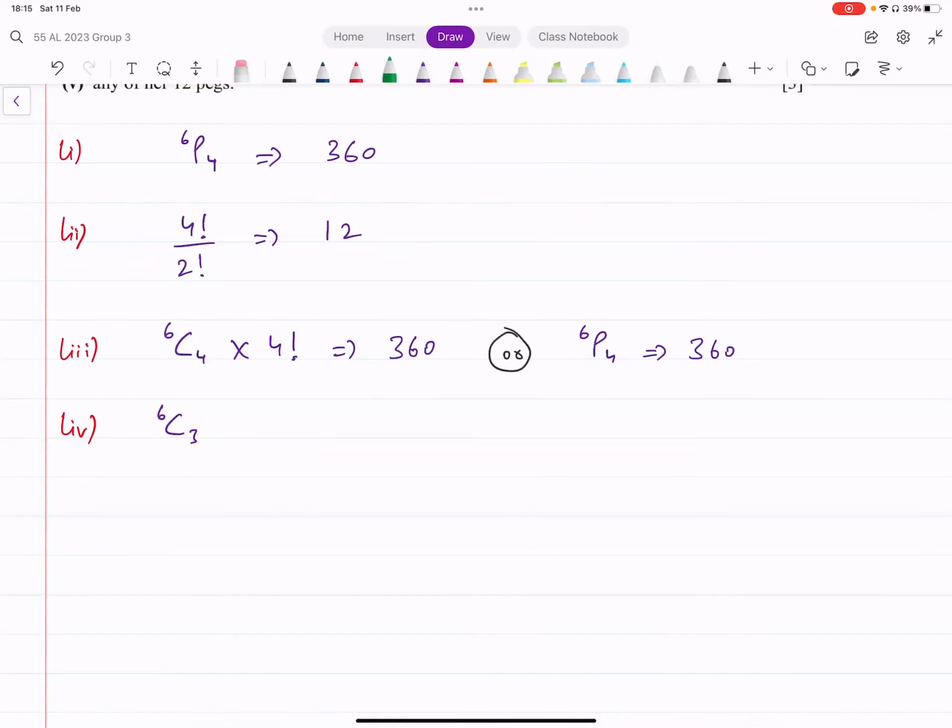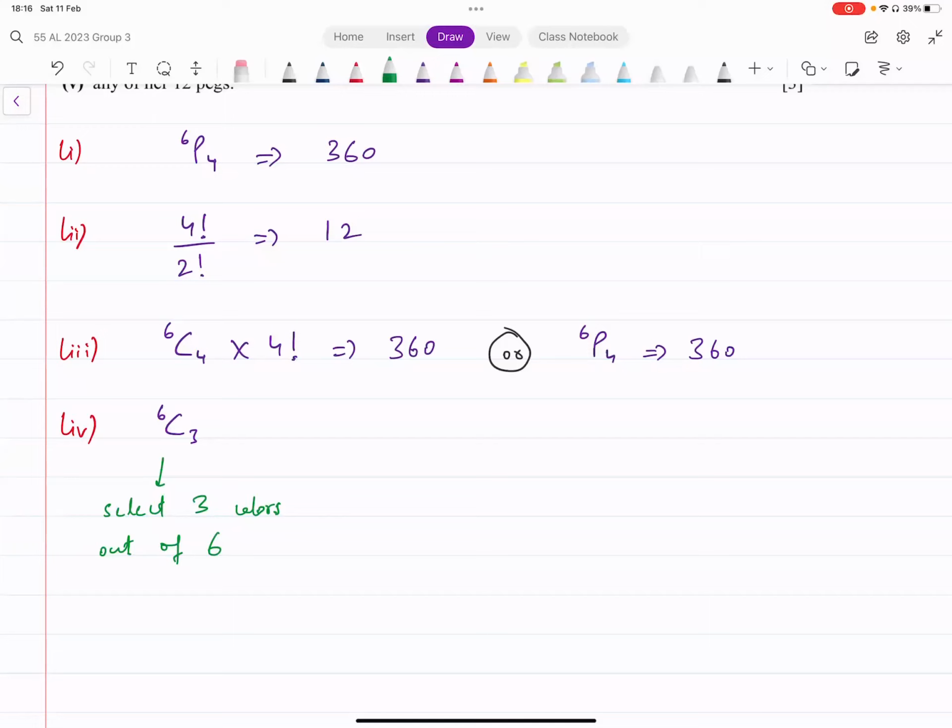Okay? इससे आप क्या कर रहे हो? You want to select 3 colors out of 6. That's the first thing that you have to do.